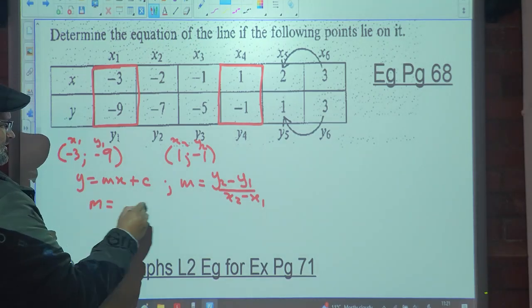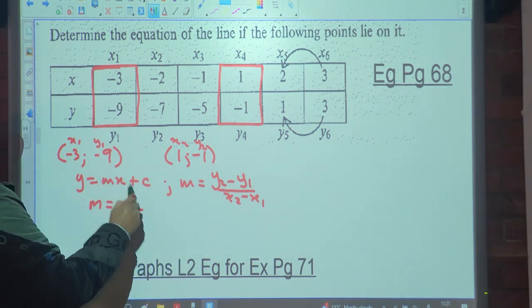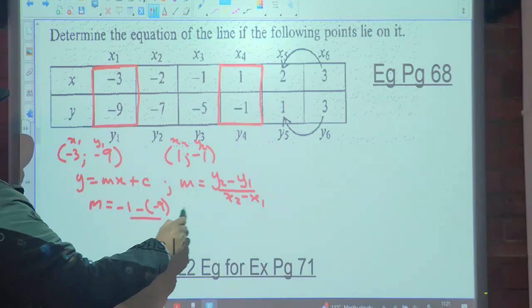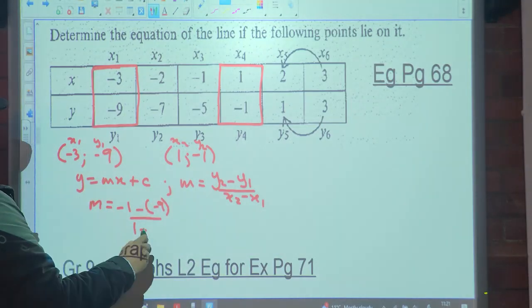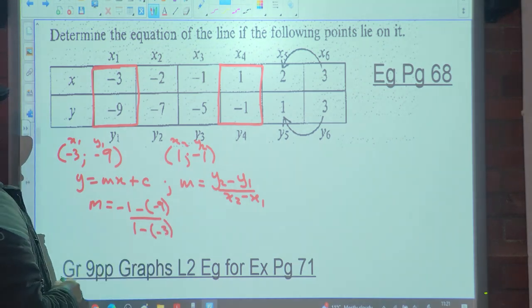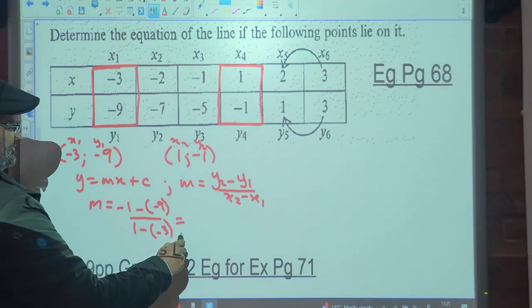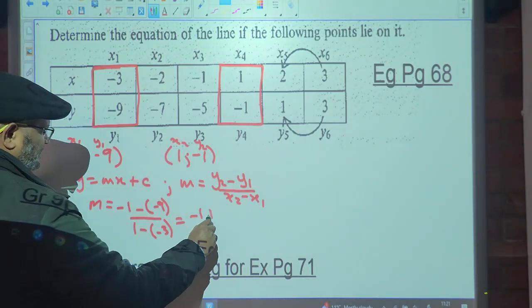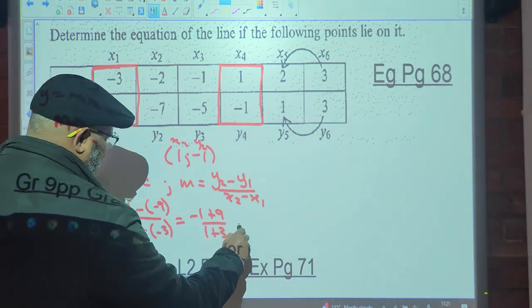So let's go with the gradient. This gradient is going to be y2, which is negative 1 minus negative 9, over 1 minus negative 3. You can put this in your calculator, but it will be negative 1 plus 9 over 1 plus 3.